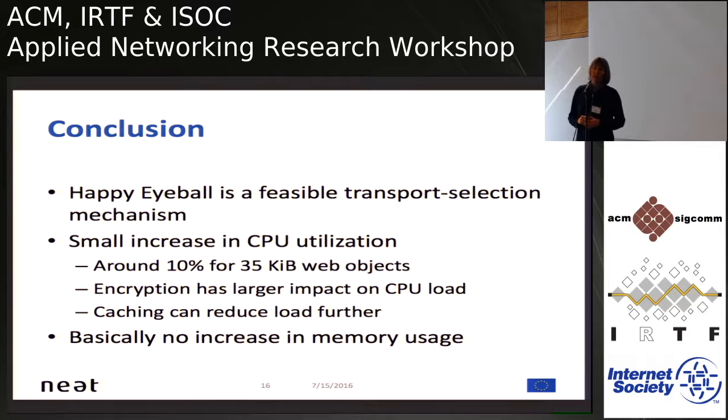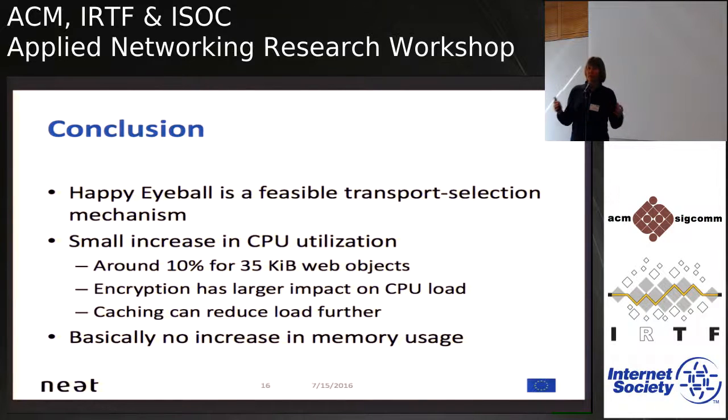So to summarize, we have seen that the increase in the CPU utilization was quite limited for these initial performance evaluations. Even in the most basic scenario for the 35 kilobyte object sizes, the increase as compared to using SCTP was less than 10%.